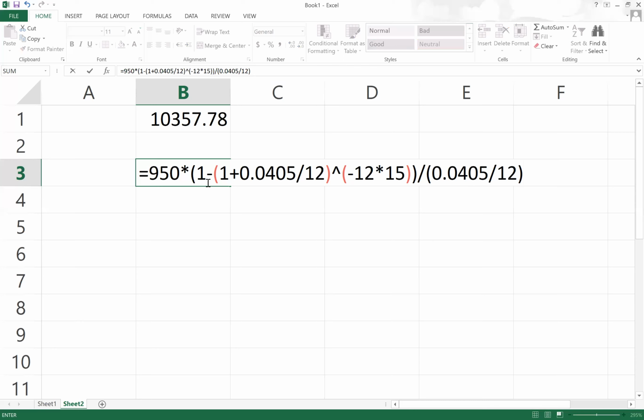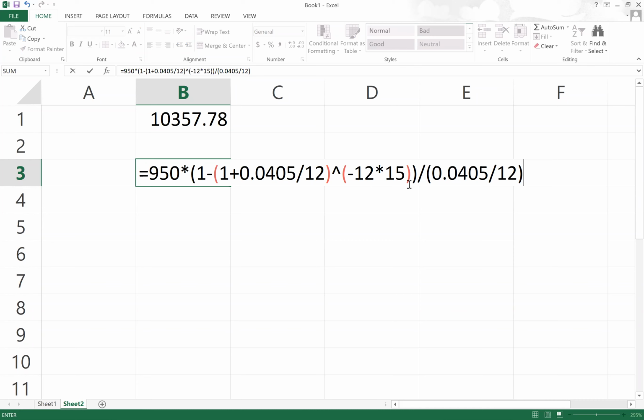Okay, and again, do it slowly, right? Because I have a lot of experience doing this, that's why I could type it in pretty quickly, but you should always double check, make sure you have the right amount of parentheses, and the operation symbols are good before you hit enter.